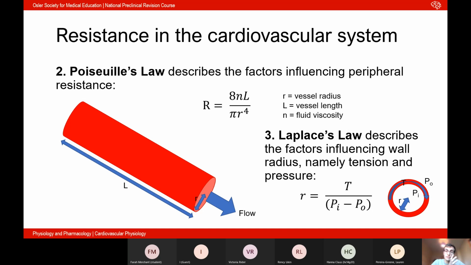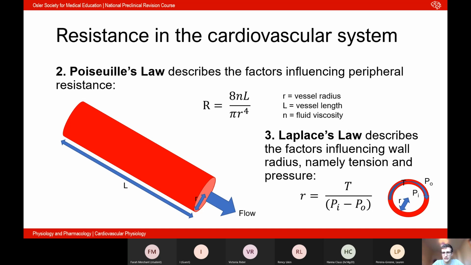So they're the factors that determine resistance. And Laplace's law is a third law, which tells us the factors that determine the radius, too many R's. The radius of the vessel is given by Laplace's law.